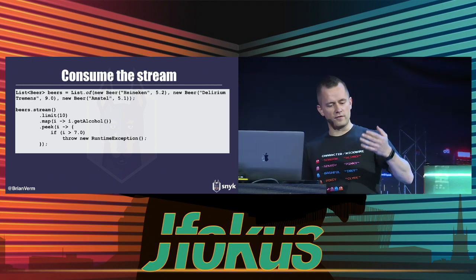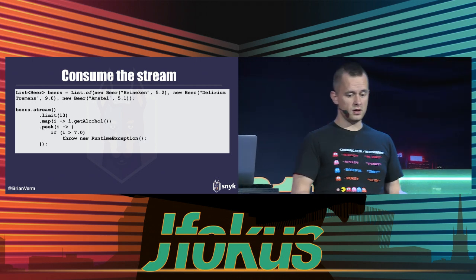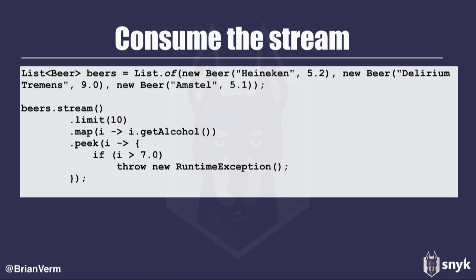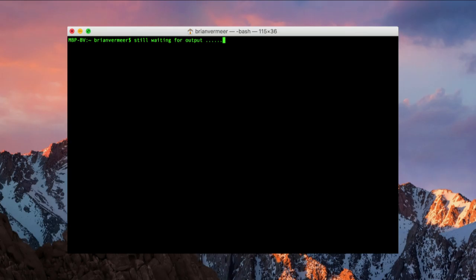If you look at it at first glance, you will say, okay, if it's bigger than 7, it will throw a runtime exception. So at the second element, which is 9, it probably throws a runtime exception. But the problem is that peek is an intermediate function. Peek returns a stream, so it doesn't do anything. I ran it yesterday evening, and I'm still waiting.